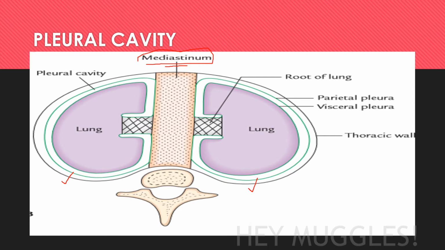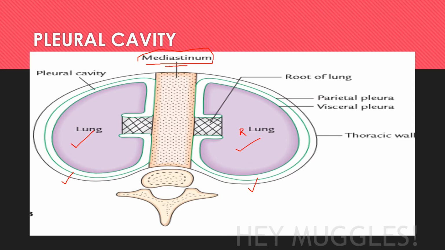So in your left lateral pleural cavity, your left lung is present, and in your right pleural compartment, your right lung is present. Okay, this is your root of the lung, right? Root of the lung is basically a collection of the structures that connect the lung to the mediastinum.